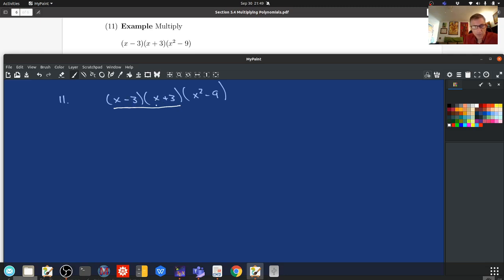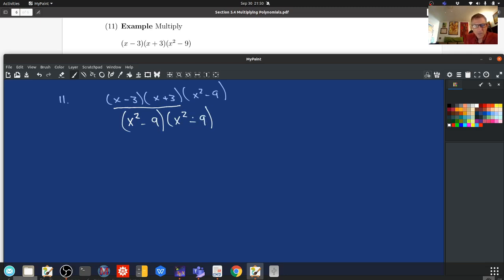X minus 3, x plus 3, they only differ in the sign of the 3. So I'm going to use the difference of squares. So that's x times x is x squared. Minus 3 times minus 3 is minus 9. And then I have x squared minus 9.